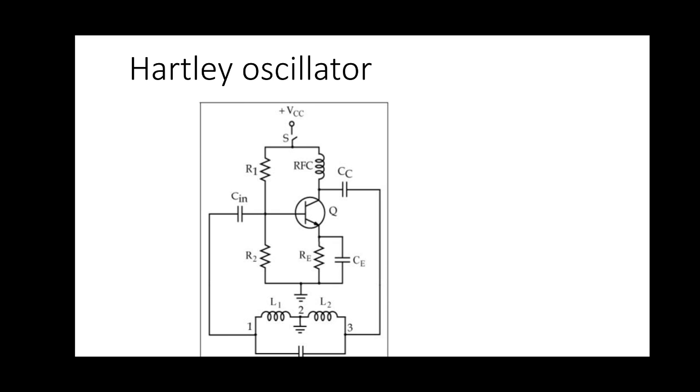We already know the CE amplifier, so whatever components are present in a CE amplifier are all the same, except in the collector region, where we apply the RFC choke. We have to discuss each and every component.